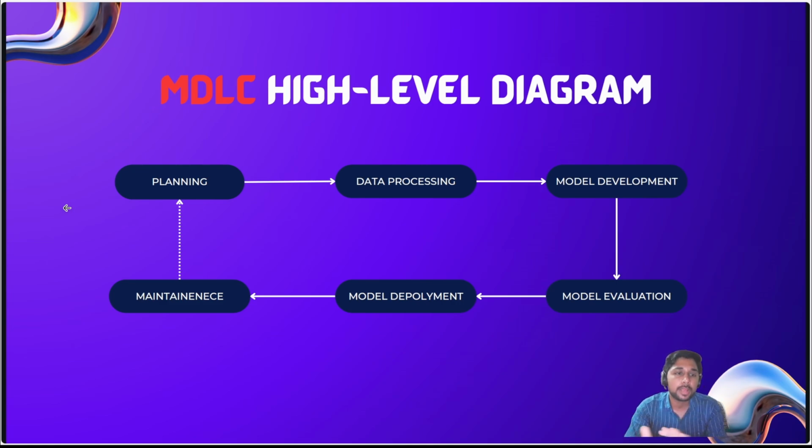So all the planning related to business and to machine learning technical problems is done here. In this planning phase, mostly managers, delivery managers, and machine learning architects are involved.